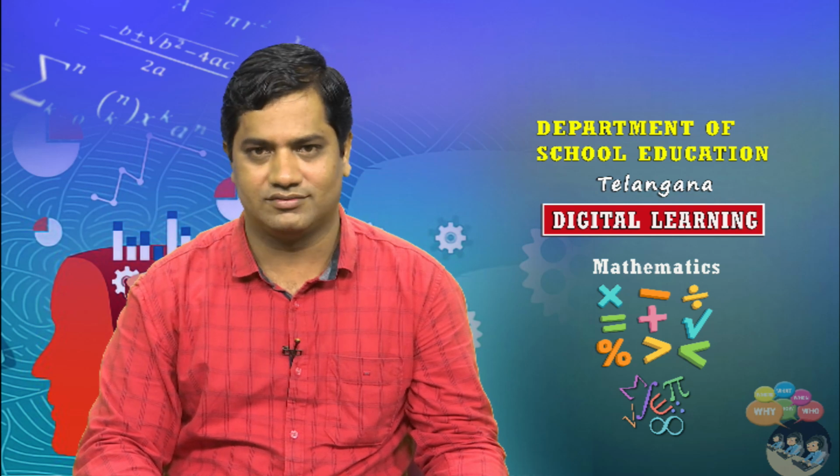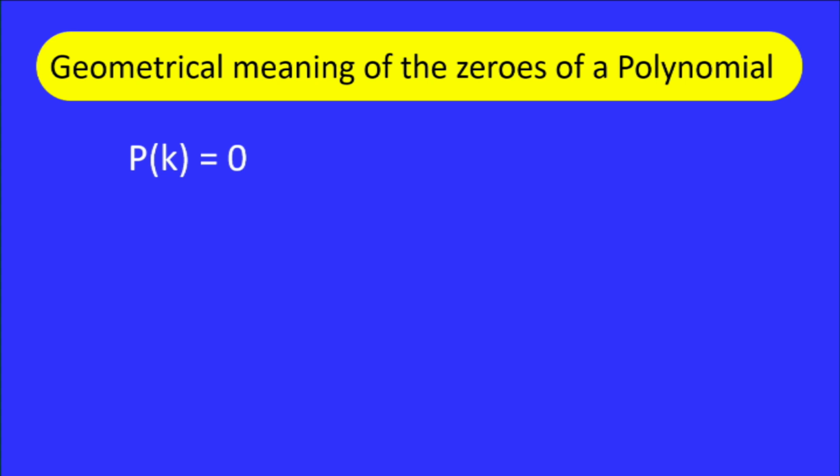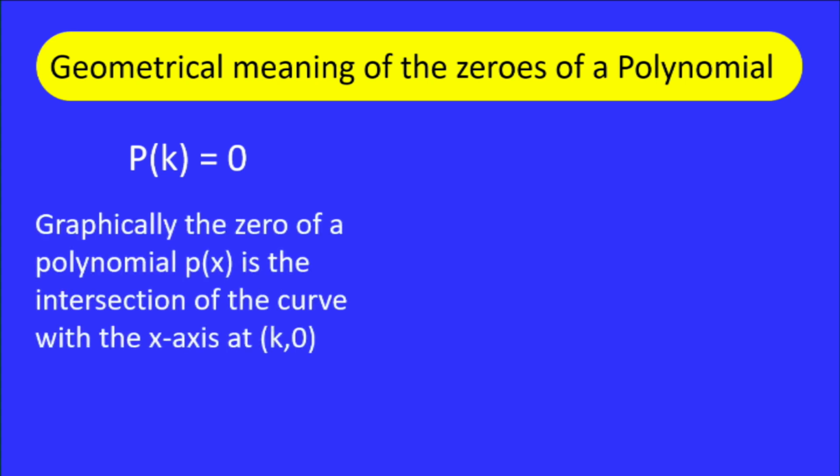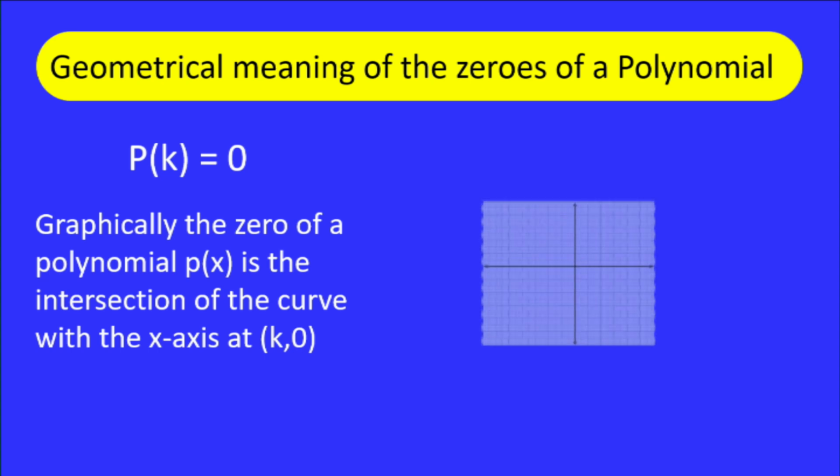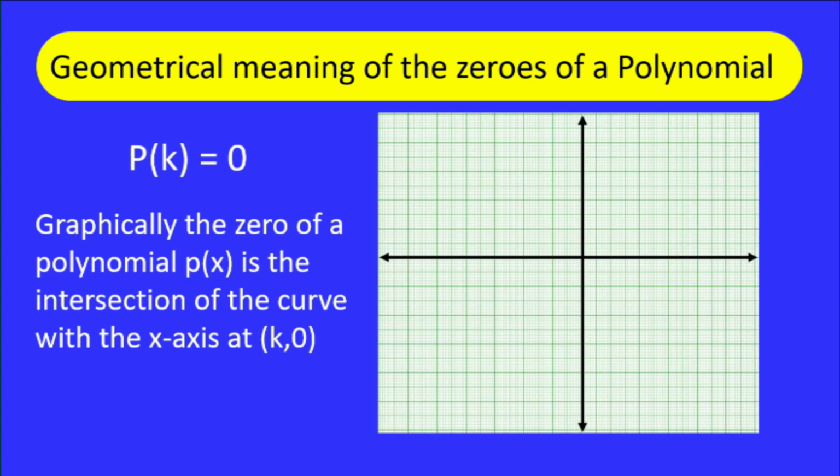Let us look at the geometrical meaning of the zeros of a polynomial. Now, we have observed, if p of k is equal to 0, then geometrically, when we draw the graph of that particular polynomial, it intersects the x-axis at the point k comma 0. If p of k is equal to 0, then in the graph, the particular curve or line intersects the x-axis at that point.